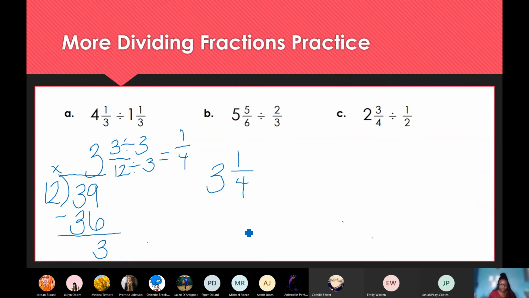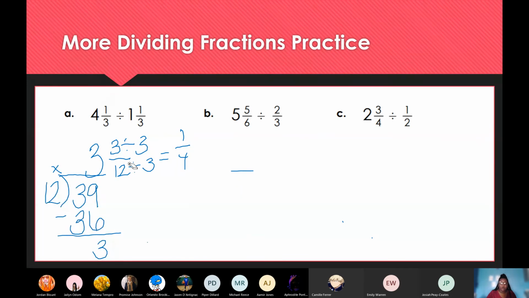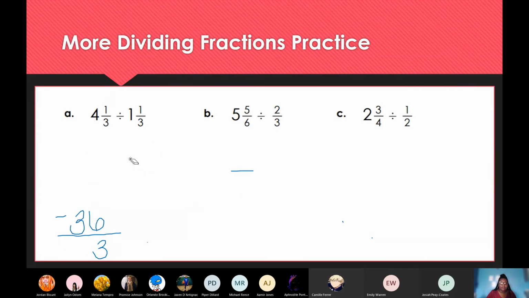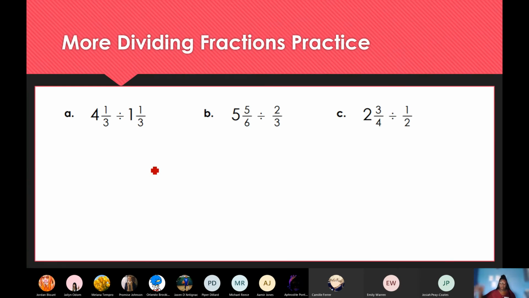Take some time, and I want you to start working on B by yourself before we start working together. Look at those steps that we've written down.